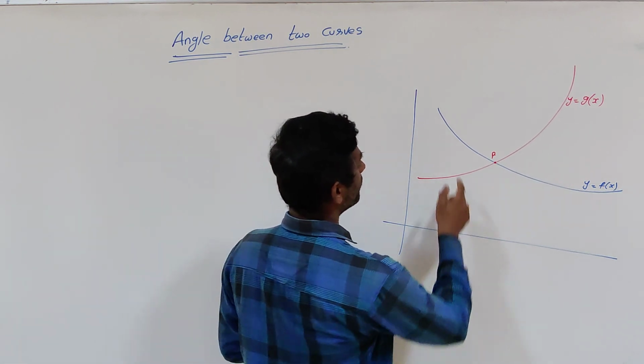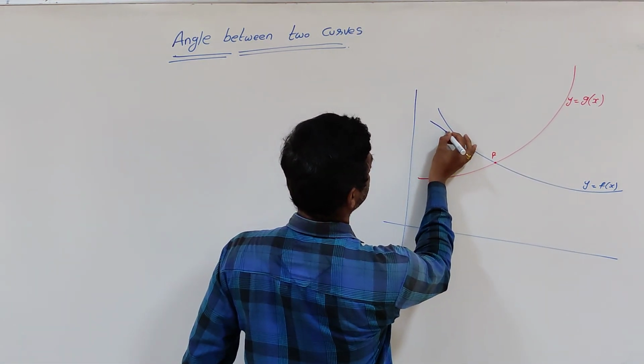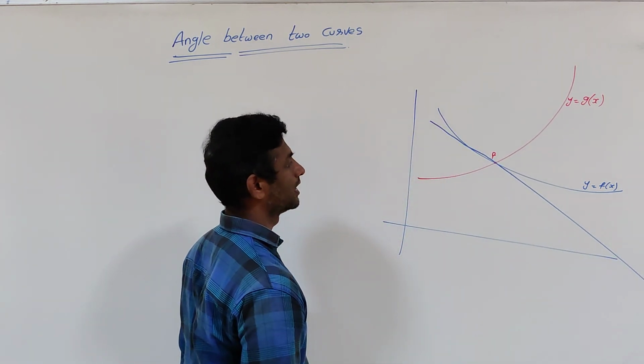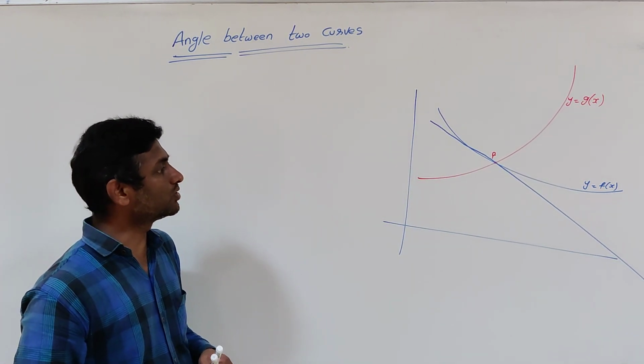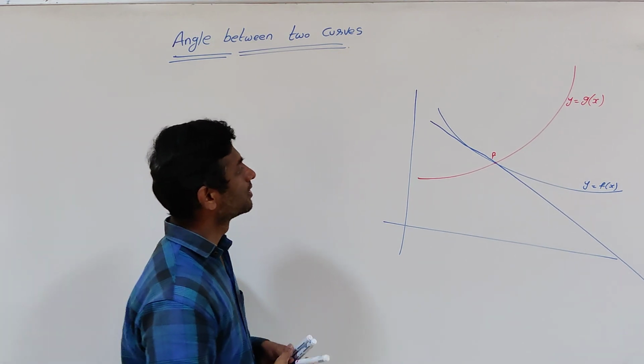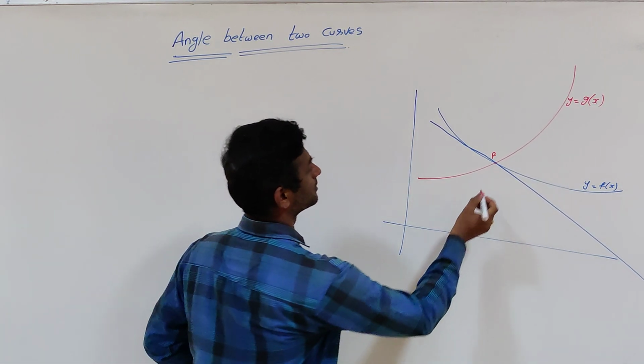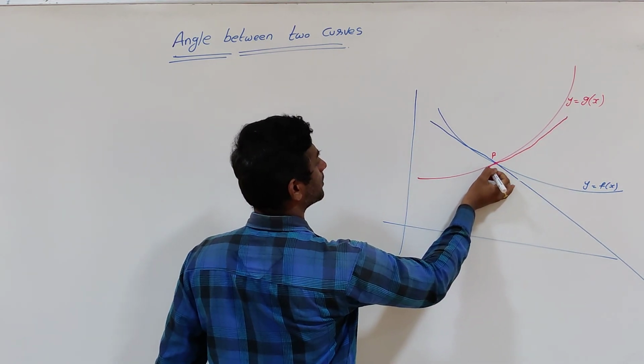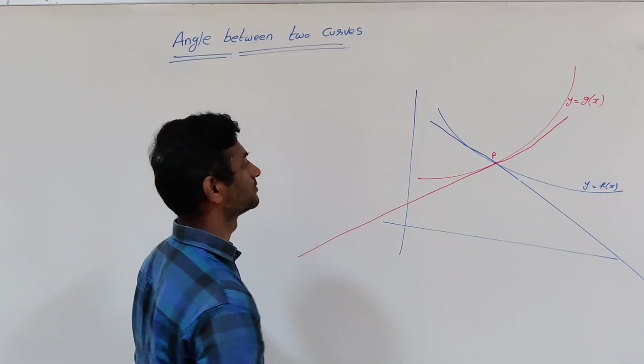So for f of x we can have the tangent, and for g of x there is one more tangent, passing through P.